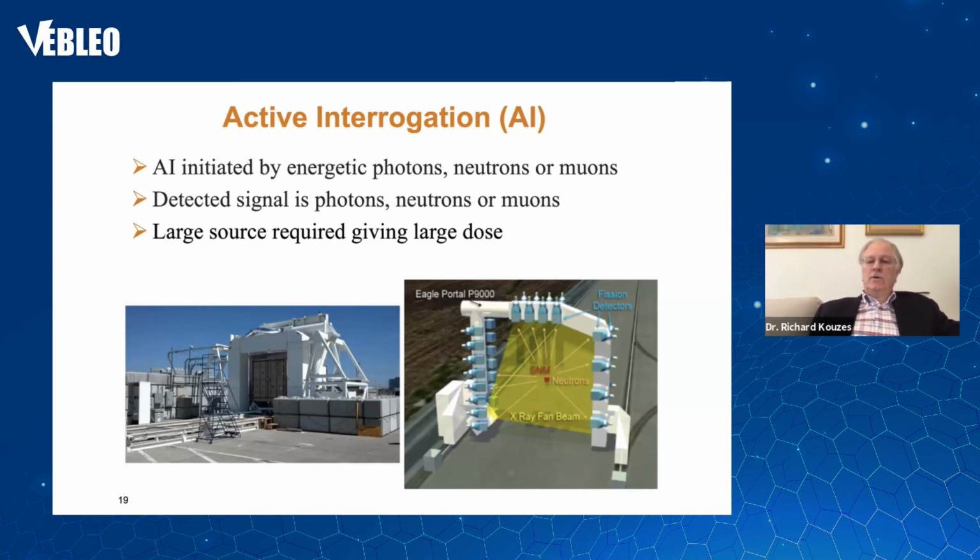That's called active interrogation. This type of technique has been deployed in test facilities, but it turns out to be very expensive, very large in footprint, and has obvious limitations due to radiation exposure. So it's not clear whether this technology will ever be deployed at typical borders.